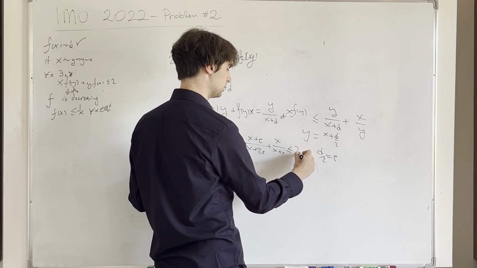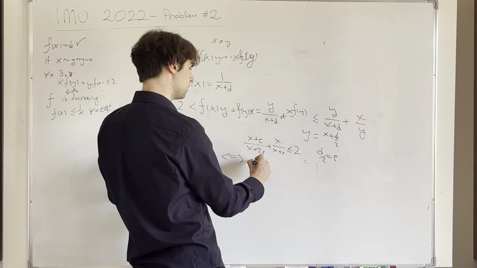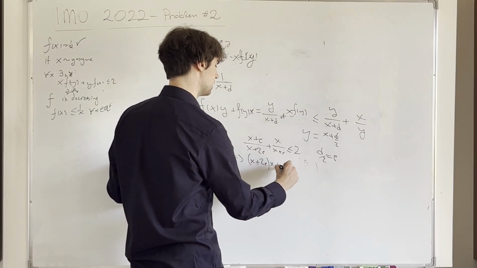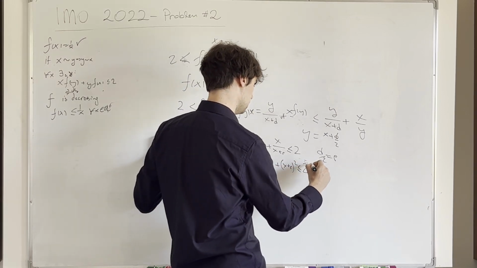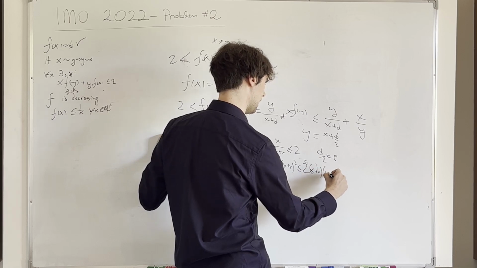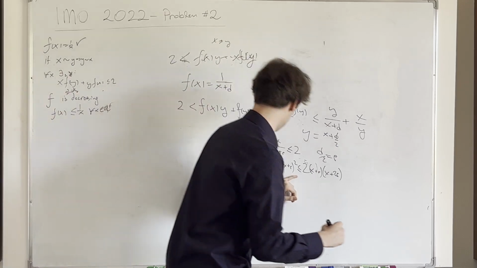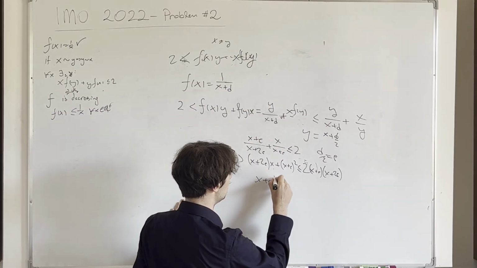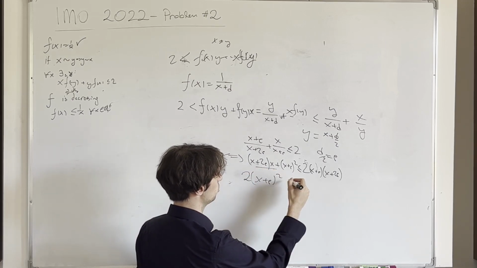I want to show this is less than or equal to 2. And this is true if and only if x plus 2e times x plus x plus e squared is less than or equal to 2 times x plus e times x plus 2e. Okay, now I have x plus e squared over here. If I had a 1 here, I'm going to have that twice.